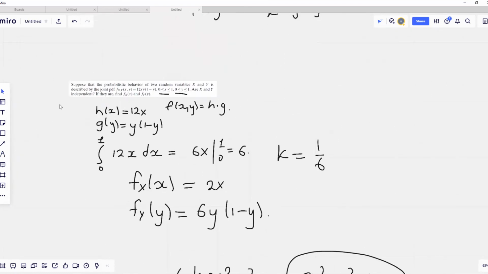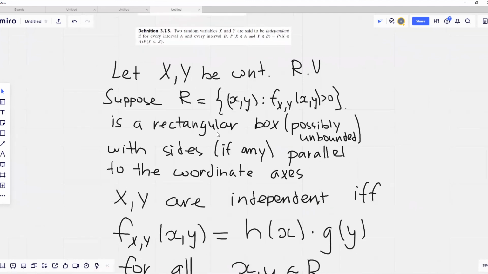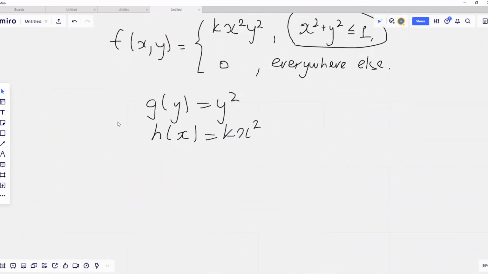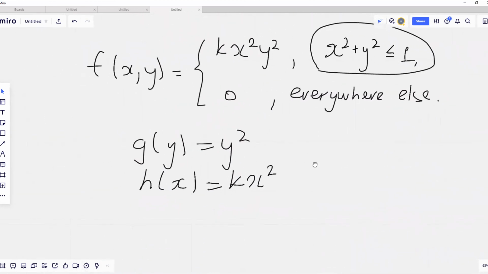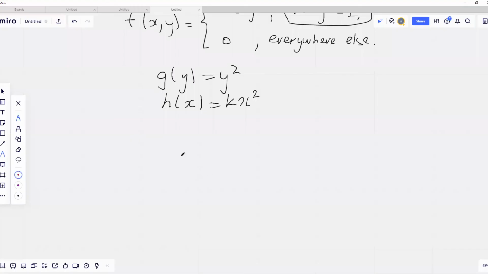And in our theorem, we had the condition that the sides or boundaries of our region R where the joint PDF is non-zero should be parallel to the coordinate axes, which is not true here. So let's show why x and y are dependent here.